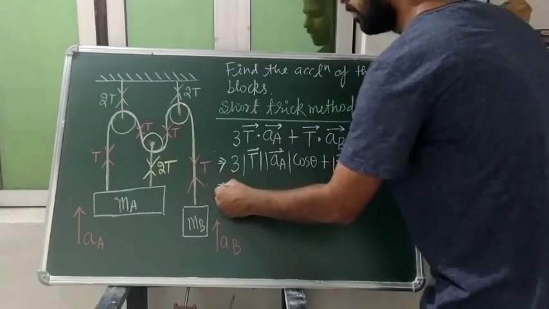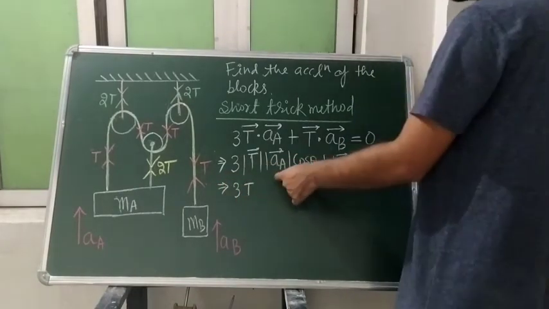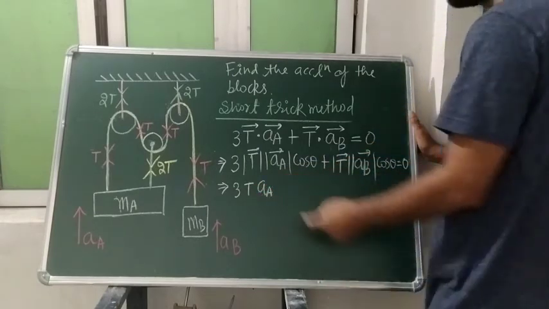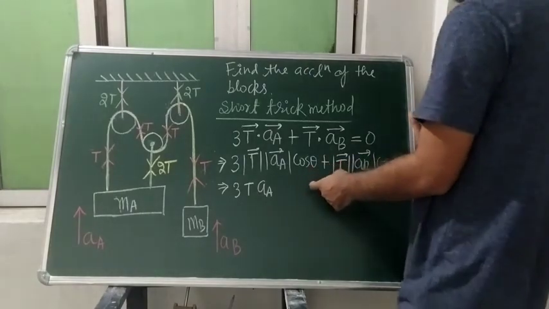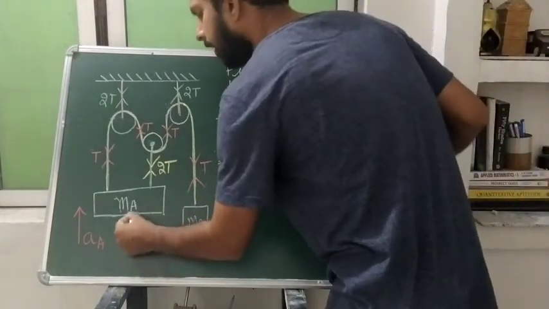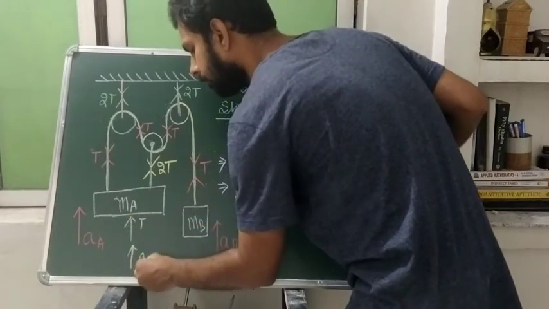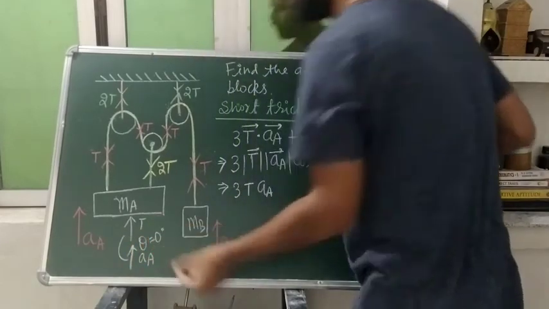Here the magnitude of this tension vector is 3T, the magnitude of this acceleration vector is AA, and theta, when you look, students, here T is upside, acceleration is also upside, so theta will come out 0.